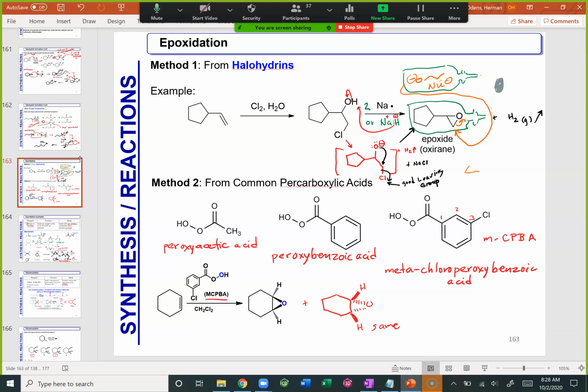You start with something like this, and so you have chains of this, things like that. Let's say you have this. When you added your nucleophile, a nucleophile attacks here and attacks here, and now you have something that looks like this.